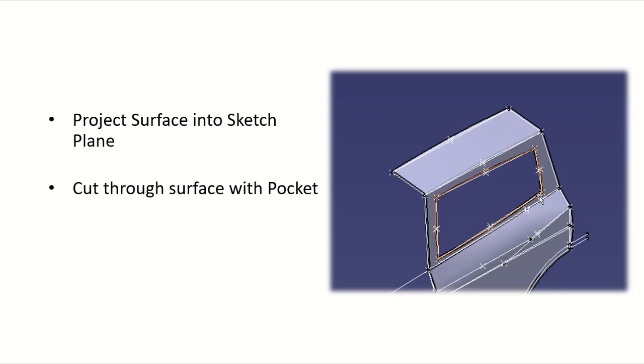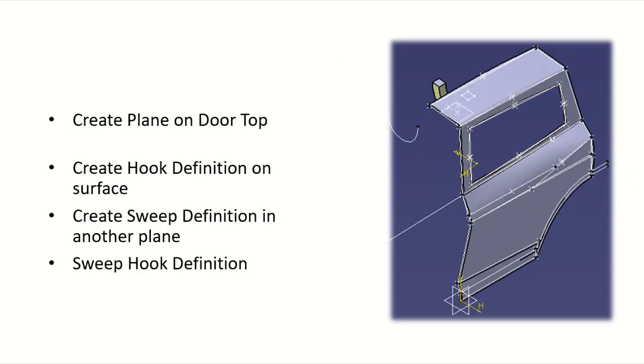The plane in this instance, based on how I oriented my door in order to render it, would have been the ZX plane, and I was able to project this onto the ZX plane and then go into part design and create a pocket. And that pocket would have created this entire element.